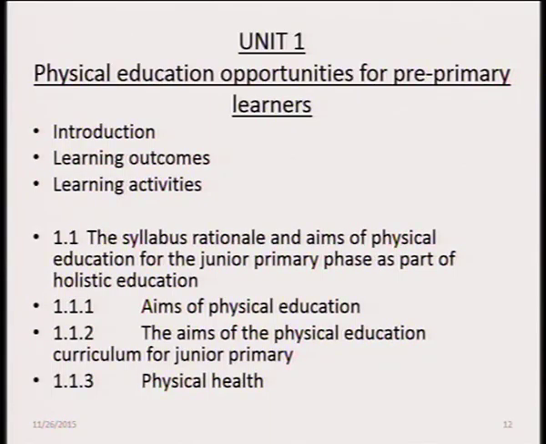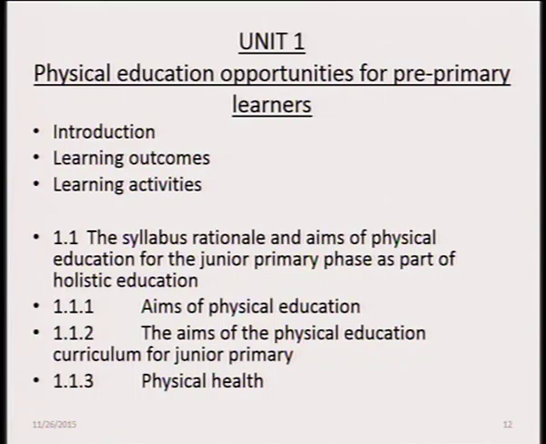Unit 1, the physical education opportunities for pre-primary learners. There's an introduction, the learning outcomes, the learning activities. You can follow that in your study guide. Now, Unit 1.1, the syllabus, rationale and aims of physical education for junior primary phase as part of holistic education.